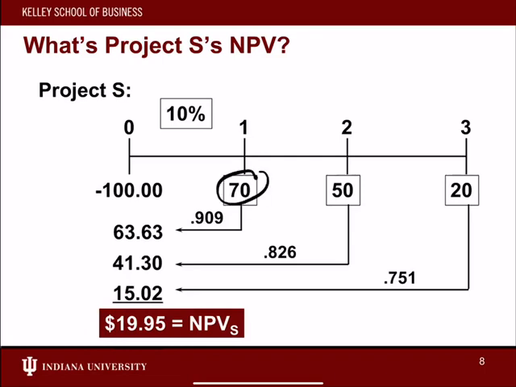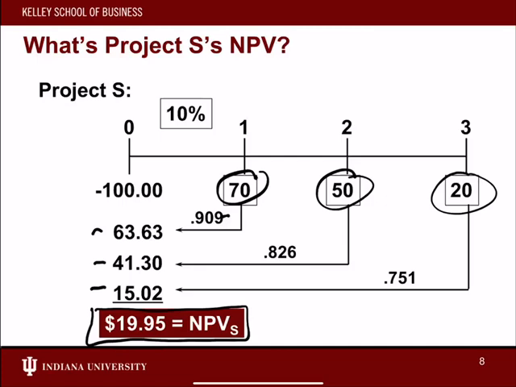Okay, so now we do the same analysis for Project S. We discount our 70 back at the same factor, discount our 50 back, discount our $20 end of year three payment back, and we see that, discounted back, this is worth about $20.